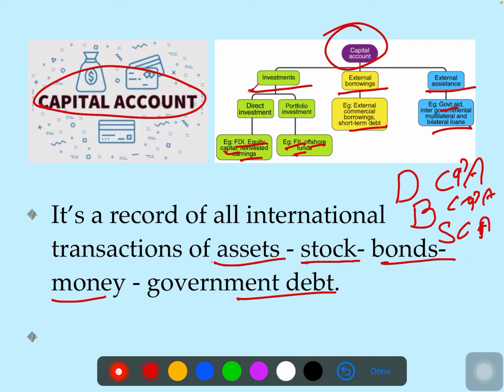Deficit means the inflow of money is more than the outflow of money. For balanced, inflow and outflow are the same. For surplus, outflow is more than the inflow. This way, the record we maintain is called the capital account.